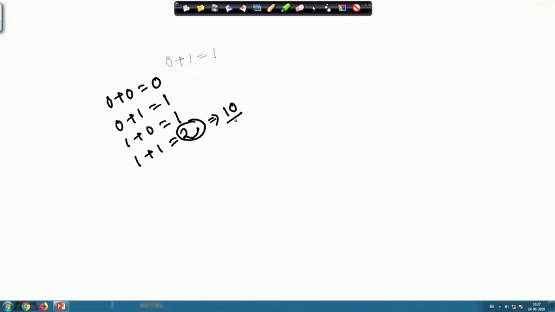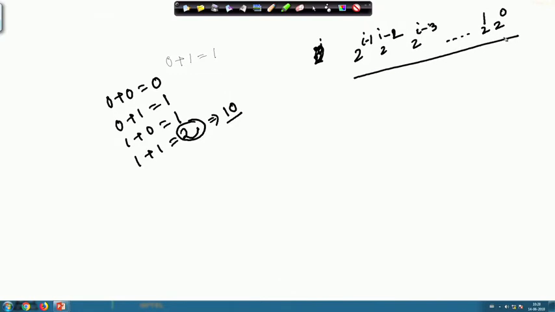Why 1 0? Basically in binary coding style, each bit position is weighted: 2 to the power I minus 1, then 2 to the power I minus 2, I minus 3, up to 2 to the power 0. So, the bit position is weighted something like this.